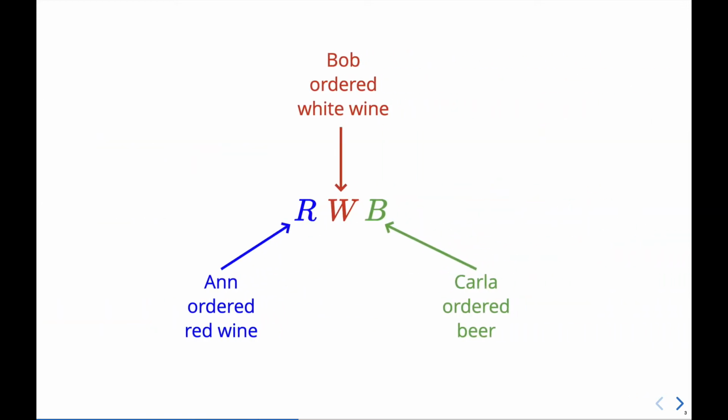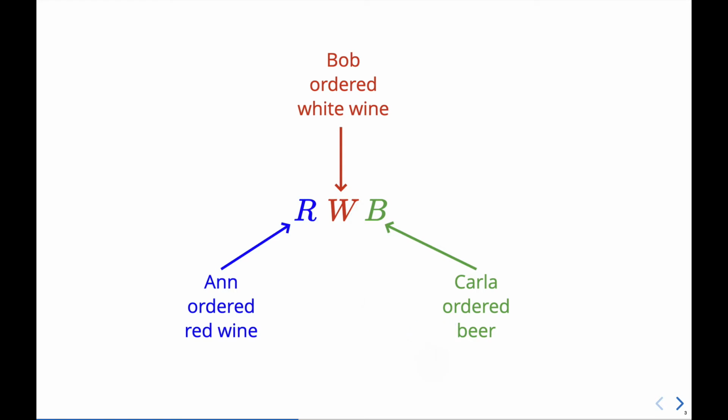Now, the first thing we're going to do is figure out how to represent the uncertainty of the waiter. That is, the initial uncertainty of the waiter. So in order to do that, let's let R represent the statement, Anne ordered a red wine. And let W represent the statement that Bob ordered the white wine. And finally, B represent the statement, Carla ordered a beer.